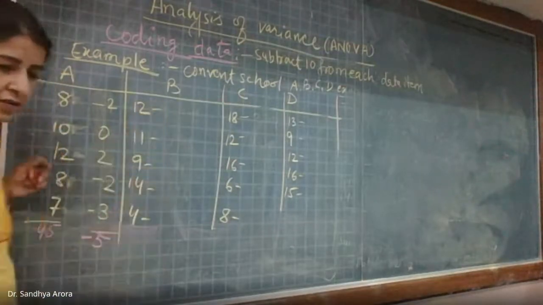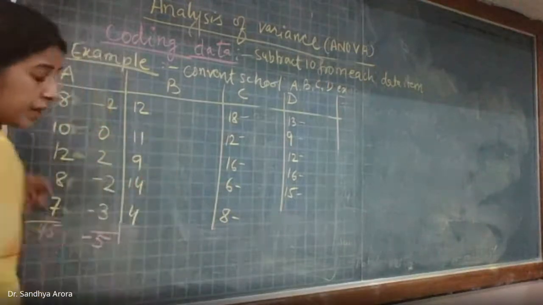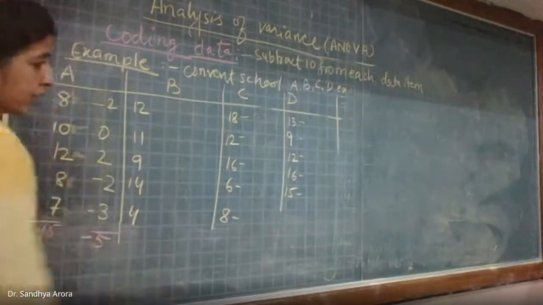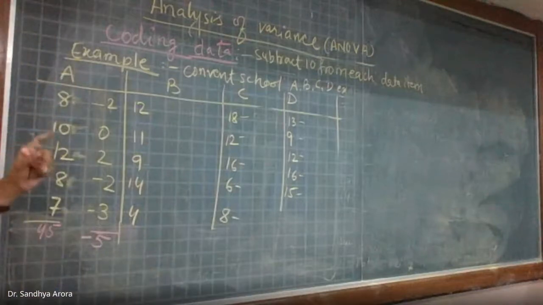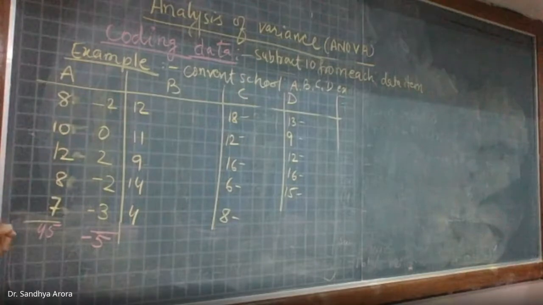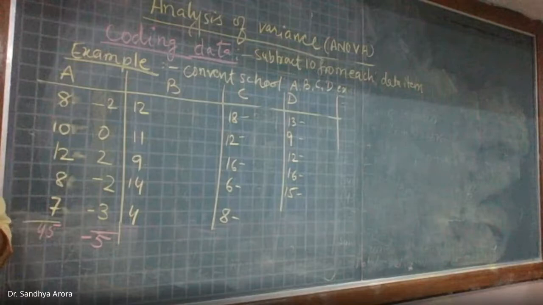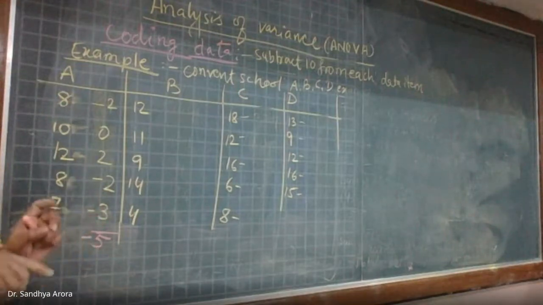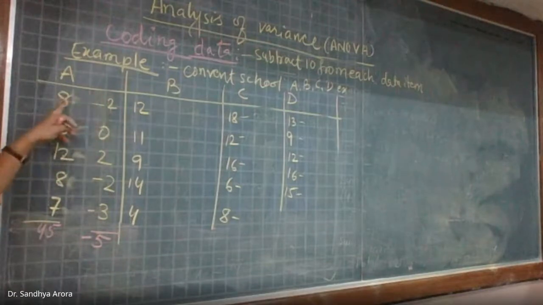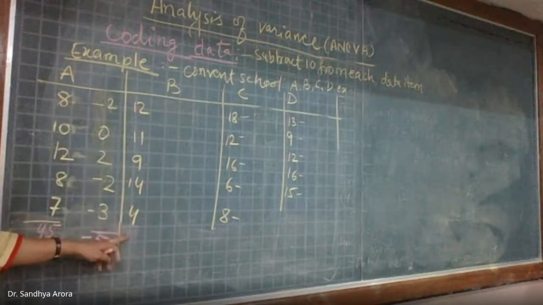Likewise, from this, subtract something. You have to be very careful: you cannot subtract some random quantity from each sample. Coding of data means you multiply, divide, add or subtract a uniform quantity to all the samples. Here I subtracted 10, so you cannot subtract anything other than 10 from this data.